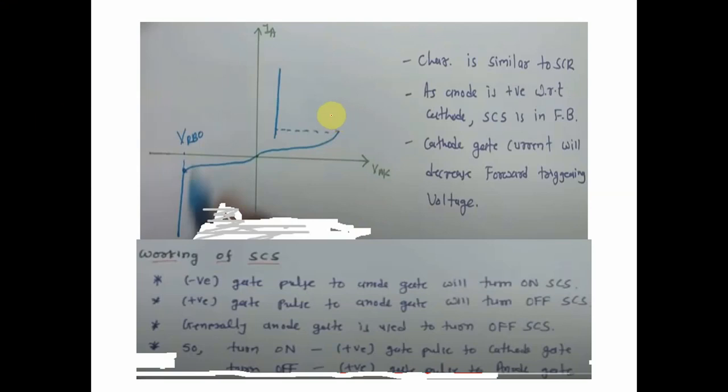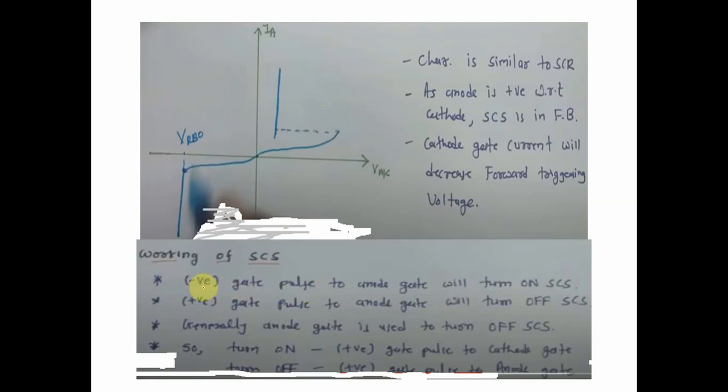Now we will study the VI characteristics of SCS, or working of SCS. In the working of SCS, there are two types of gate pulses: anode gate pulses and cathode gate pulses.